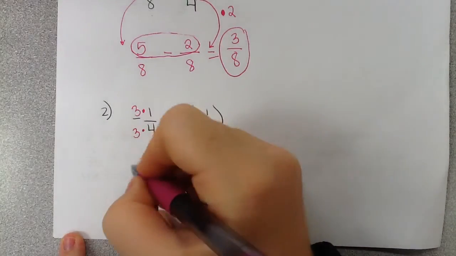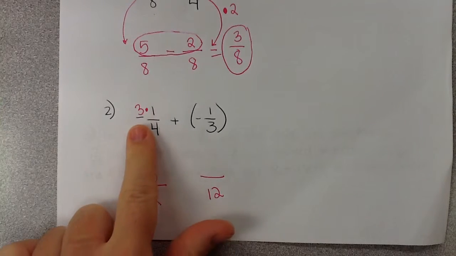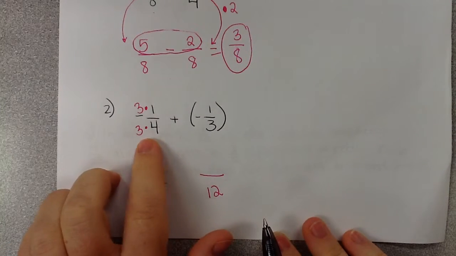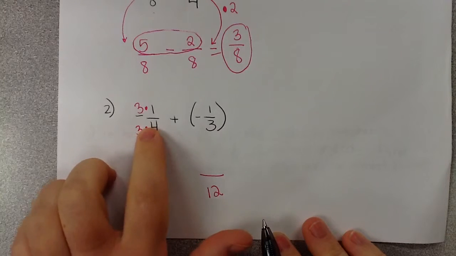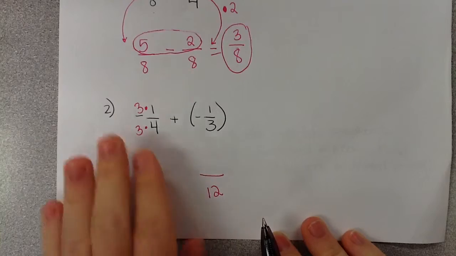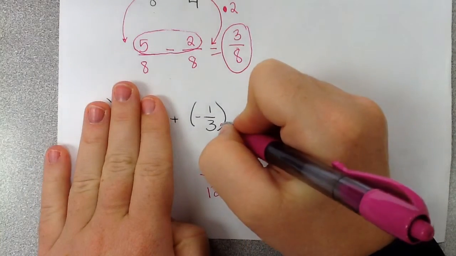1 times 3, and it was a negative. Up here was a negative, so down here will be a negative. So in order to make the bottom 12, I'm going to times by 3, and what I do on the bottom, I must do on top. Let's check on this fraction over here. How do I make 3 a 12?